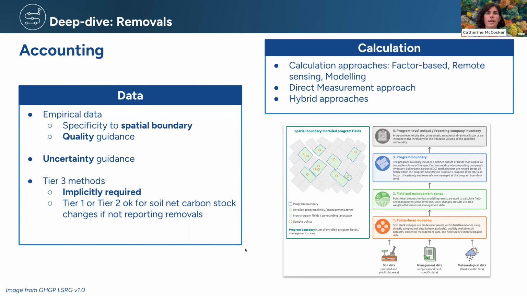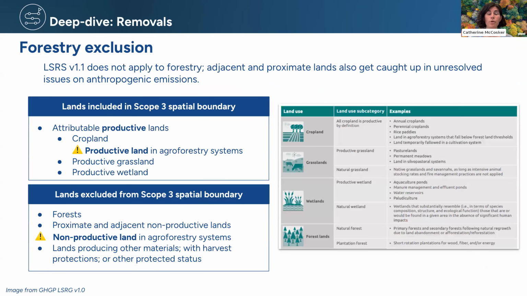On the next slide, I want to talk about the forestry exclusion, because the guidance does provide a little bit more information here. If you remember, version 1.1 of the LSRS does not apply to forestry. They were unable to resolve some issues around how to account for anthropogenic emissions. Unfortunately, there are quite a lot of other lands that get caught up in this exclusion, most of which we knew about from the standard.